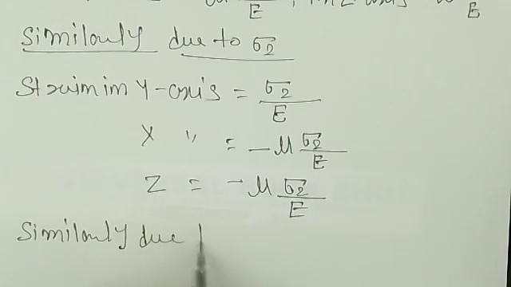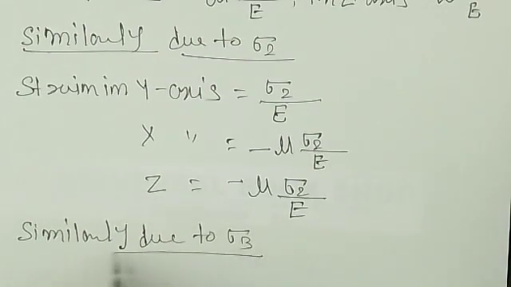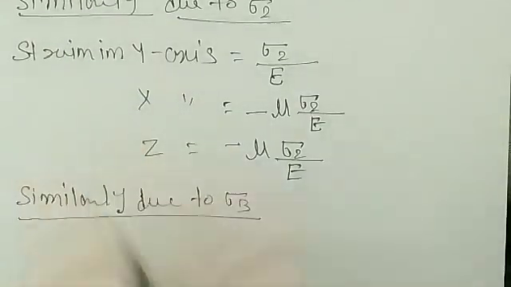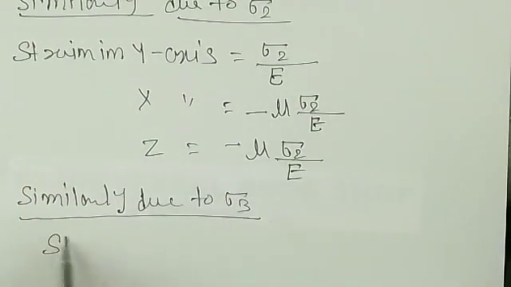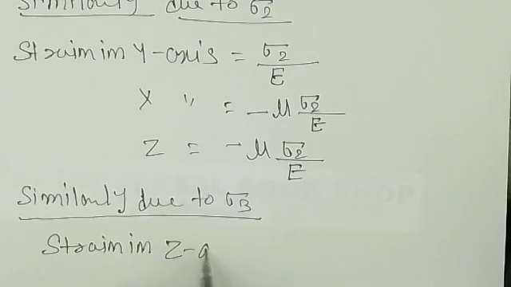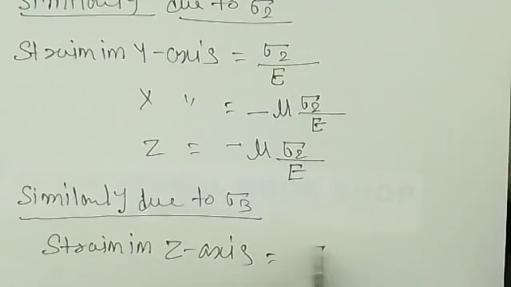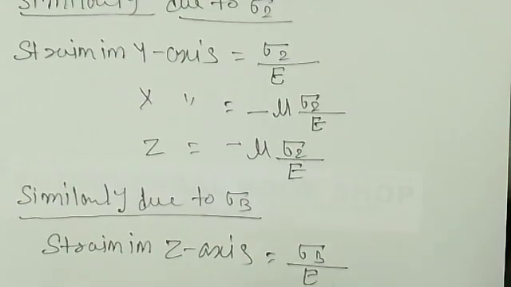Similarly, when we consider the sigma 3, you can say similarly due to what? Sigma 3. So due to sigma 3, that z axis strain in z axis is equal to sigma 3 by E, right?